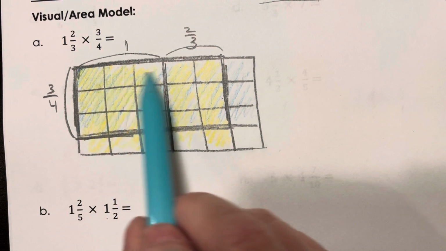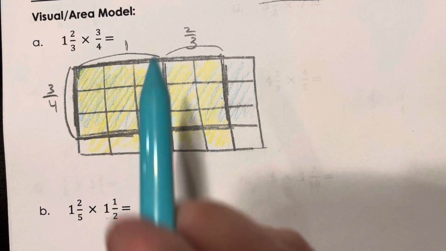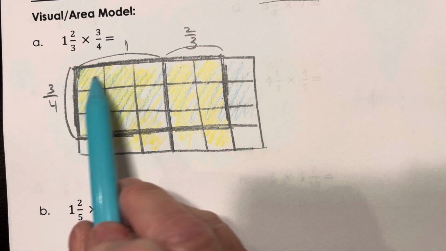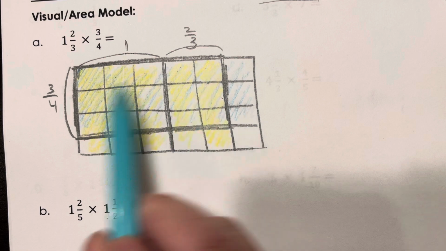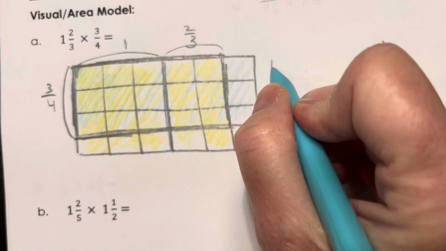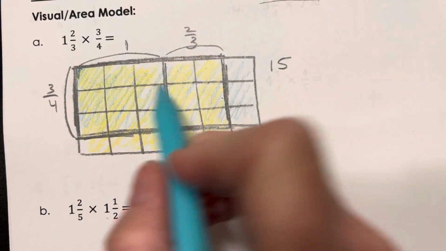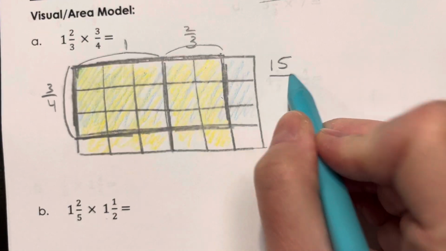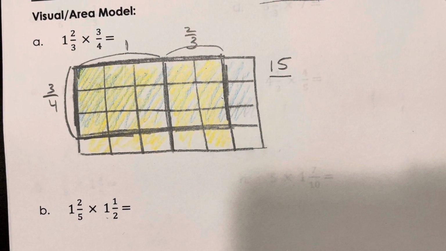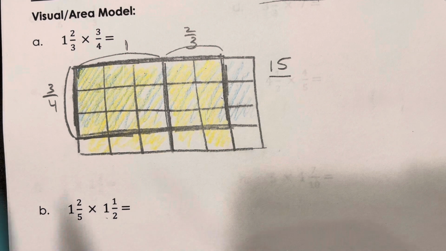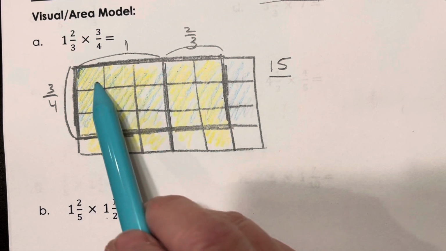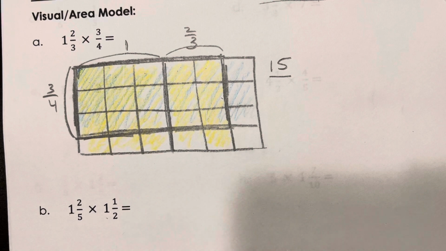So I want to know what my answer is. So I'm going to look at how many pieces are shaded. 1, 2, 3, 4, 5. So 5, 10, 15 are shaded, or double shaded, because that's part of this rectangle. And your denominator is how many pieces the whole is cut up into. And this is where I see sometimes some struggles. The whole is not cut up into 24 pieces.